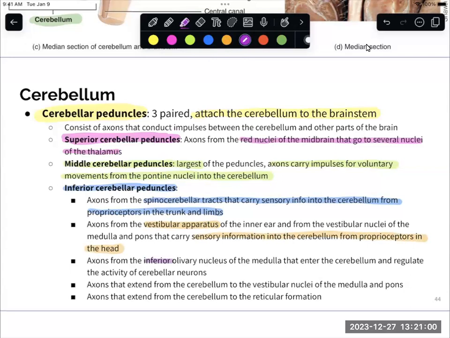The inferior olivary nucleus is going to help regulate the activity of cerebellar neurons. Then axons from the cerebellum to the vestibular nuclei and the cerebellum to the reticular formation all go through that inferior cerebellar peduncle.